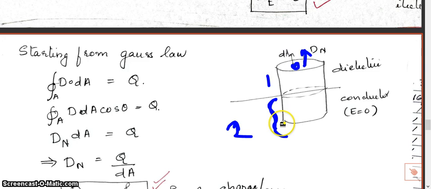Here there is no need to mark Dn and dA because we don't have any electric field in this area. So I can write the total electric flux density in the first medium is Dn, and theta is 0 because dA and Dn are both in the same direction, perpendicular to the surface, so cos theta becomes 1.